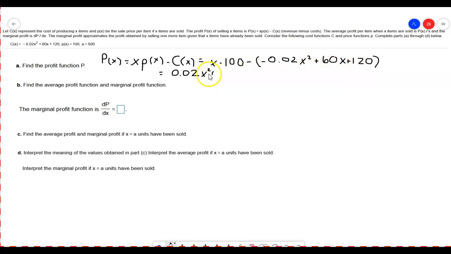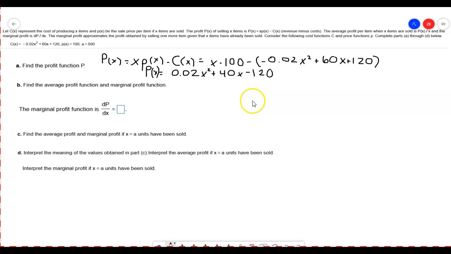So that'll be a plus 40x. And then that'll be a minus 120. So this will be our profit function here, our P of x.